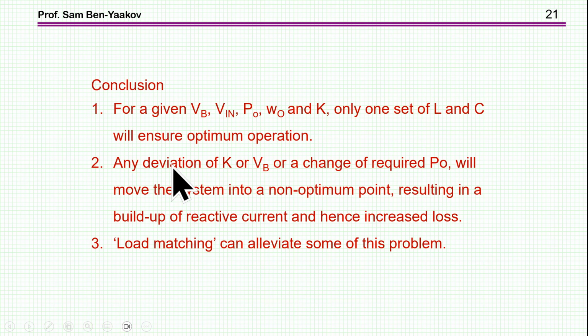Now, any deviation of, say, the coupling coefficient or the battery voltage, or if you like to charge the battery with another power, will actually move the system to a non-operating point. This will cause a reactive current and increase losses. Now, load matching can alleviate some of this problem. This is one way. There are other ways to do it. But the point is that once you move from the nominal point, you have to do something in order to go back to the desired operating point.